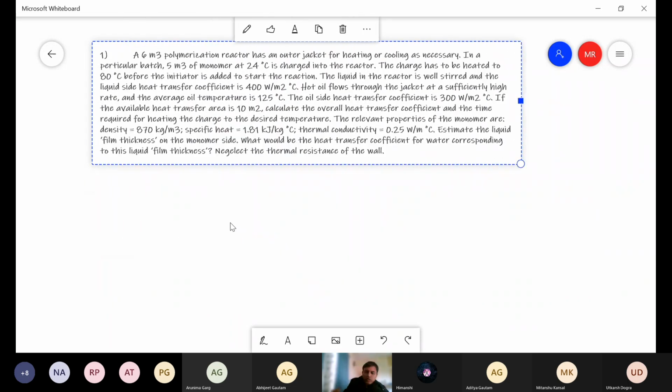Okay, so in the first question, what is given is a 6-meter cube polymerization reactor. So maybe I'll just draw it for you so that you will appreciate what I'm trying to say. Just a minute.